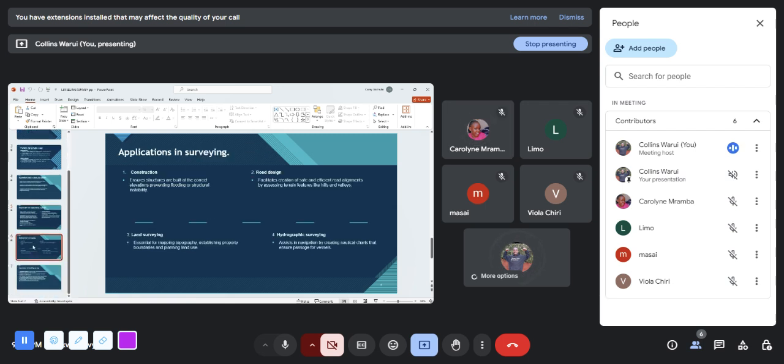Now, the other part we're gonna look at is application in surveying. One is construction. So you ensure structures are built at the correct elevations, preventing flooding or structural instability. The other one is road design, which helps in facilitating creation of safe and efficient road alignments by assessing terrain features like hills and valleys.